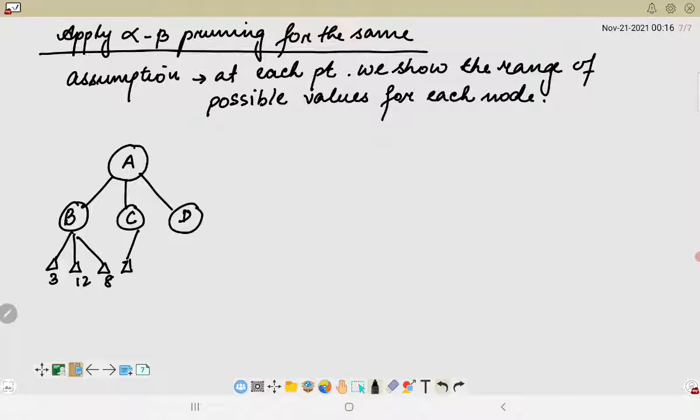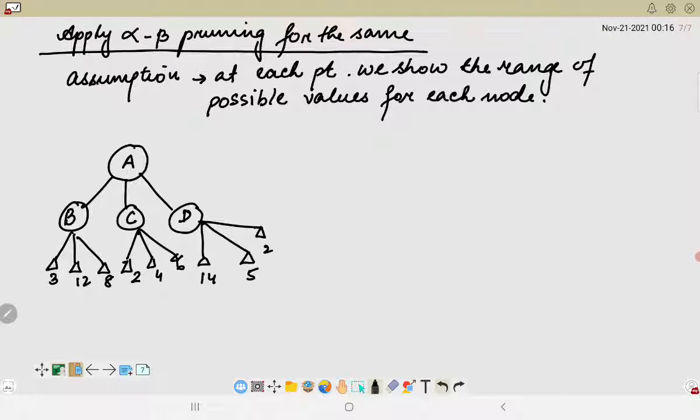Similarly C will have 2, 4, 6, and similarly D will have 14, 5 and 2.